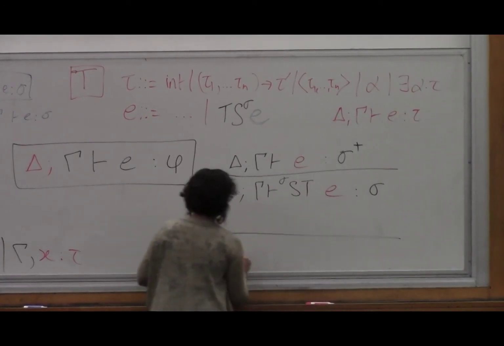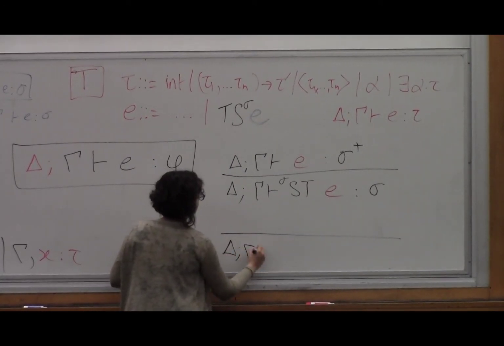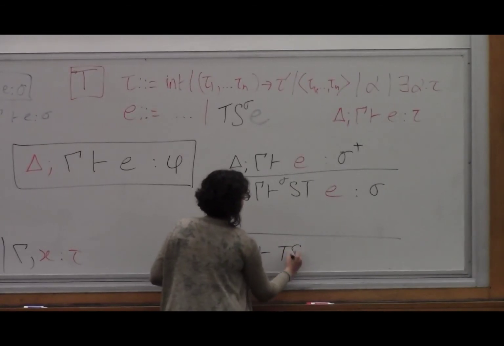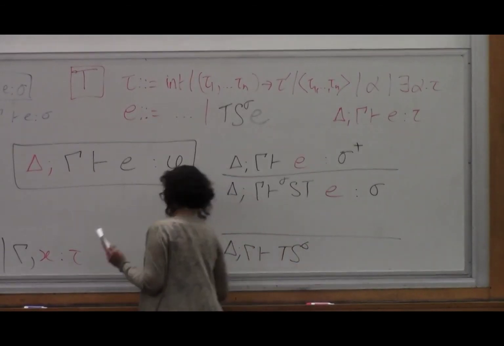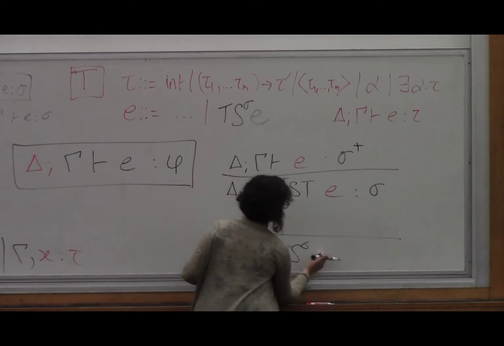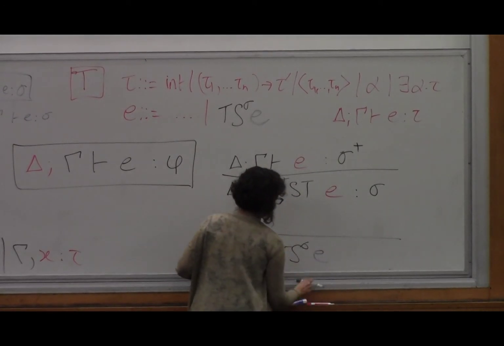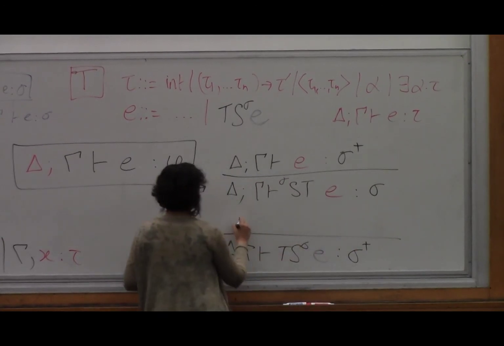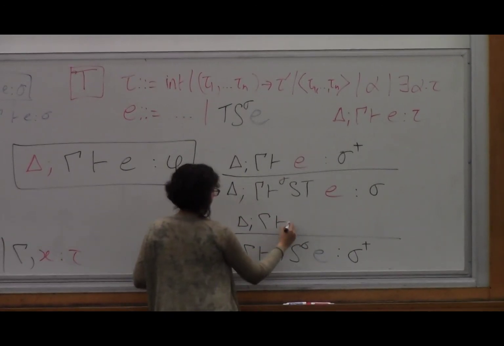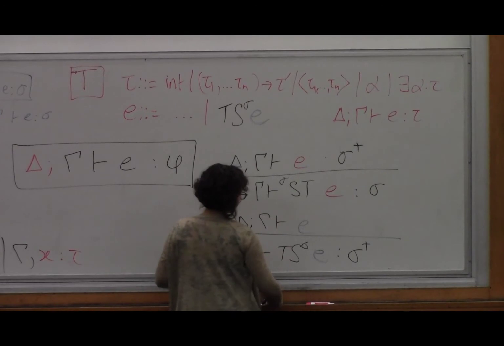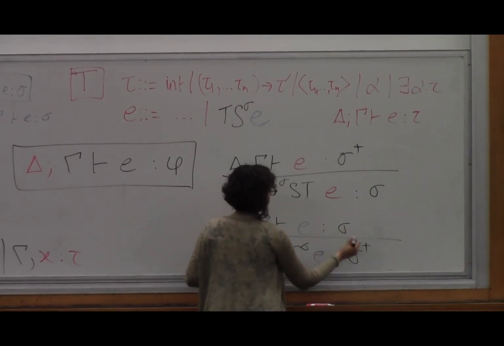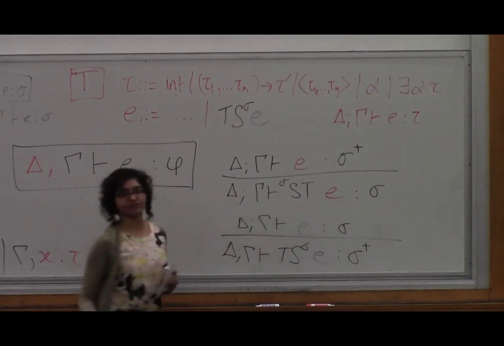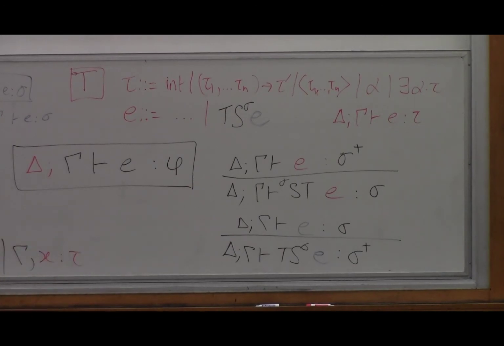And the other rule is utterly unsurprising, it just goes in the opposite direction. So TS, where this E is of type sigma, this has type sigma plus if the blue E has type sigma. I'm sorry, I should have been writing my sigmas in blue, but okay.